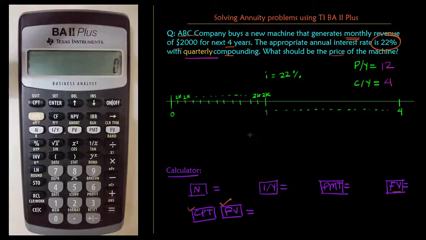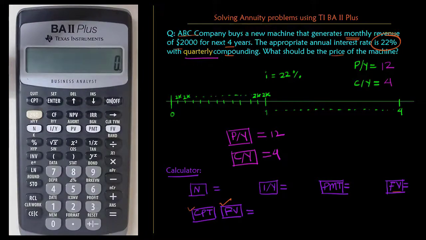Currently in my calculator it is set to 1. The new value of P/Y should be 12, and the value of C/Y should be 4.